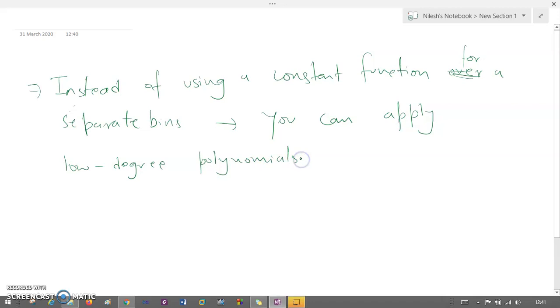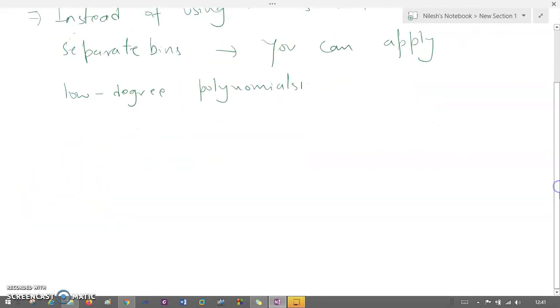Okay, with some conditions, and all the other things are going to be very similar, just the condition that comes. So here I'm writing the condition, and how you will apply the small polynomial.